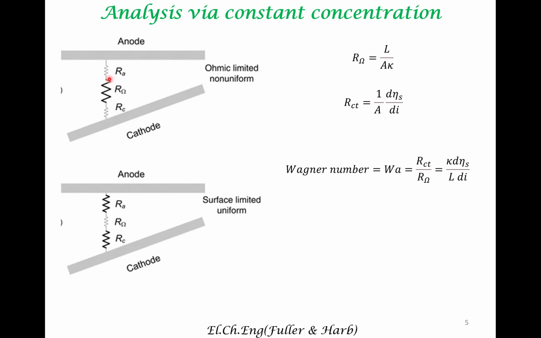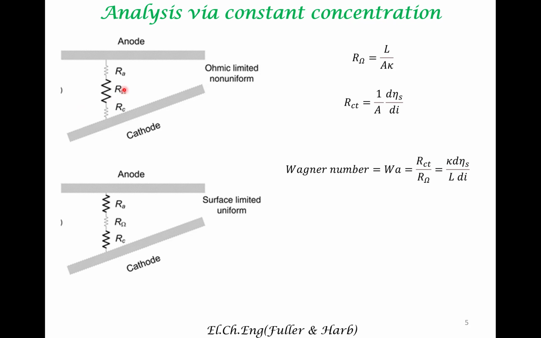Because R omega is more than Ra and Rc in the first case, R omega would vary in this part as well as this part, okay? Because R omega is dependent on L, as L varies here and here, or in all regions. The value of R omega is different at different parts.